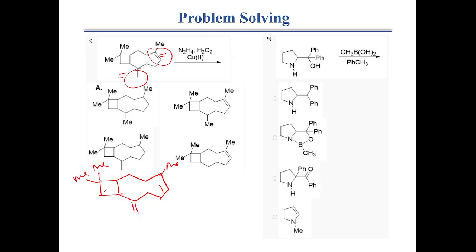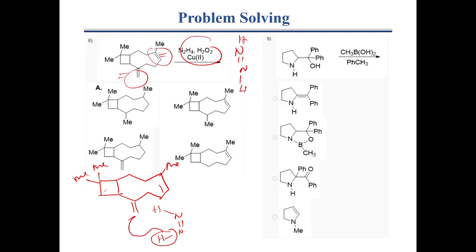So after N2H4 in presence of H2O2 forms this diimide, now this less hindered ipso double bond will react with the diimide in a 4 plus 2 fashion.